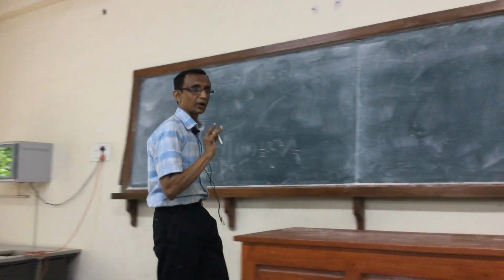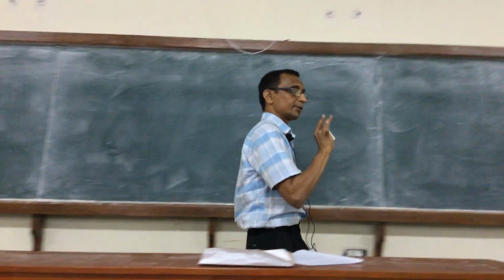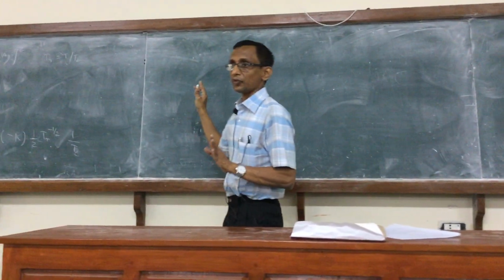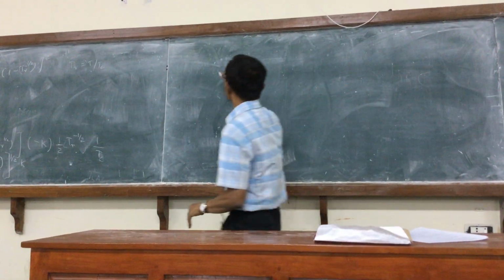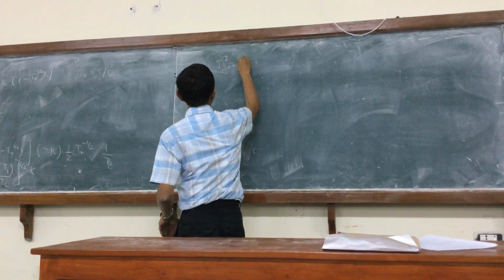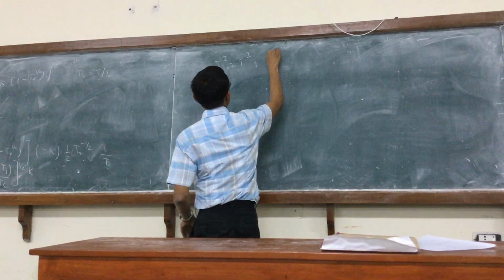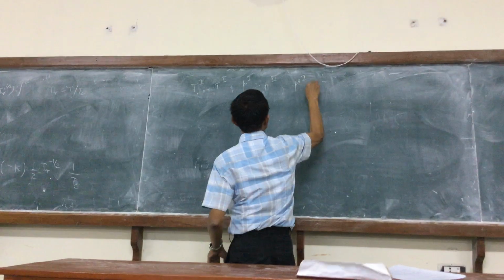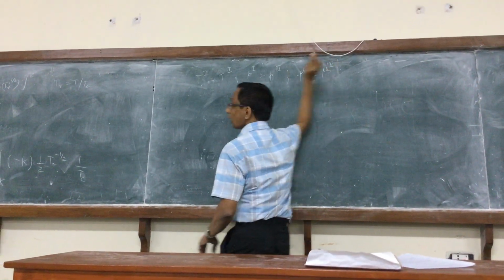Now the criterion for equilibrium, we have already seen, is the equality between two phases, because we are now considering two phases, gas and liquid phase. So T1 equal to T2, P1 equal to P2, and the chemical potential of the two phases are also equal.